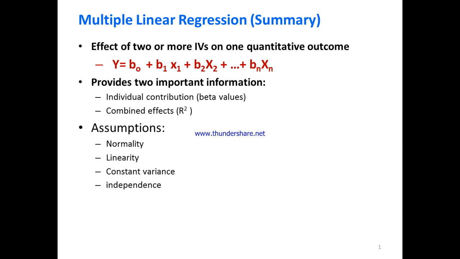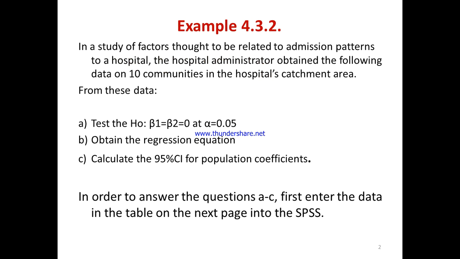Third, the variability across the distribution of variables must be constant, and fourth, the data points or observations must be independent of one another. We have to make sure that these four assumptions are satisfied.